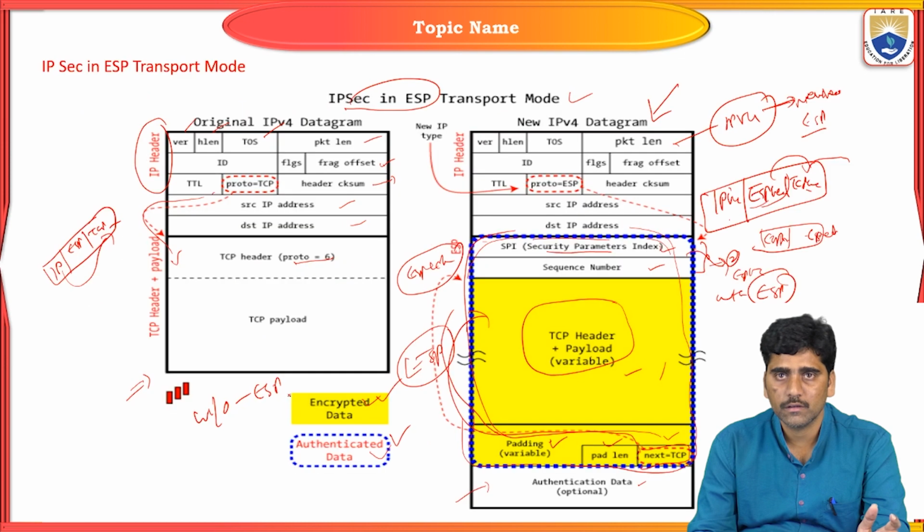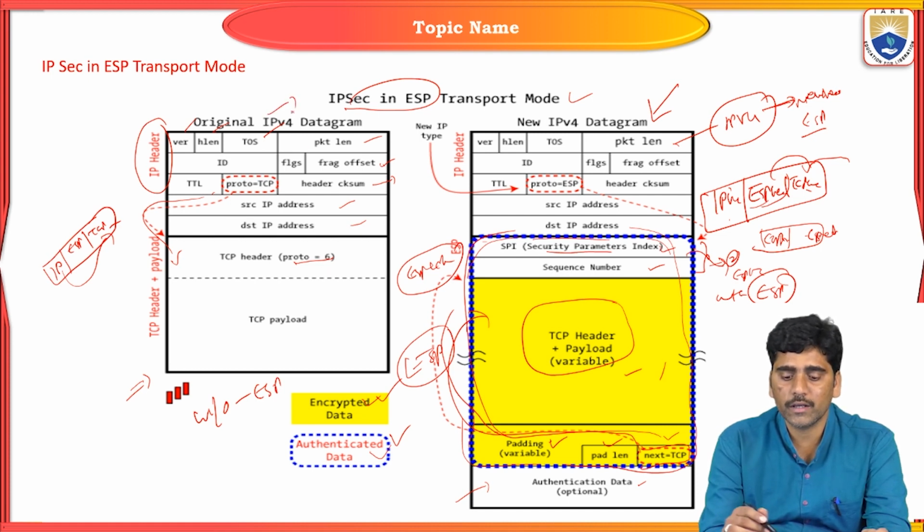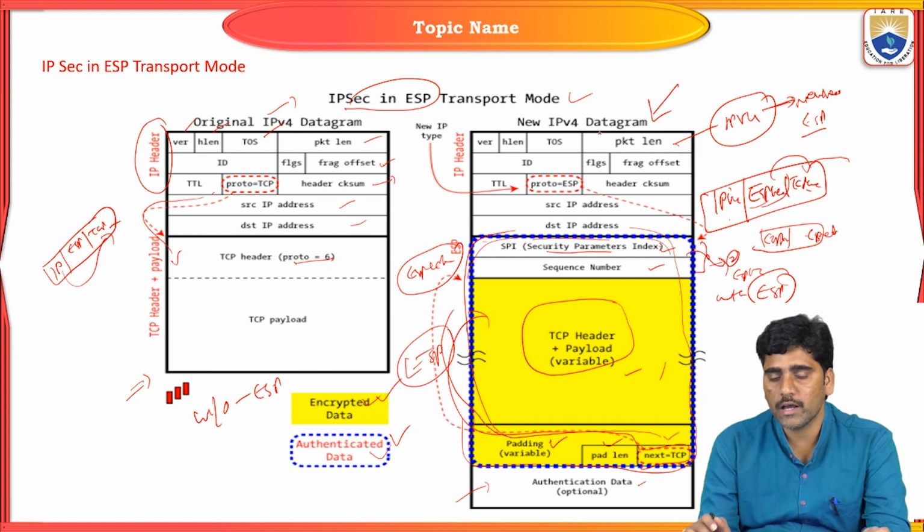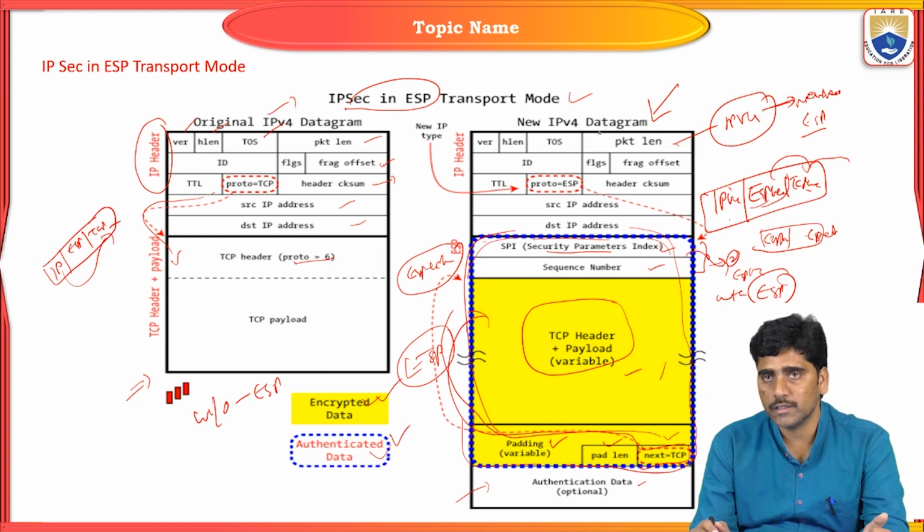Here is IP security in ESP transport mode, and without ESP transport mode. This is the IPv4 datagram without ESP, and this is the IPv4 datagram with ESP.